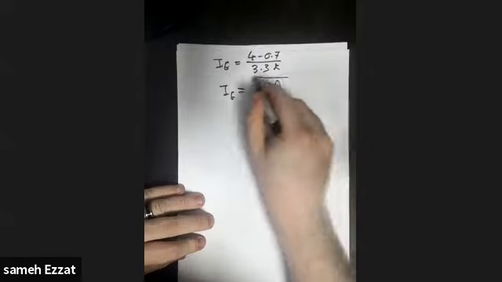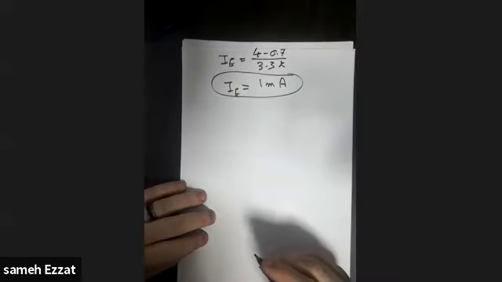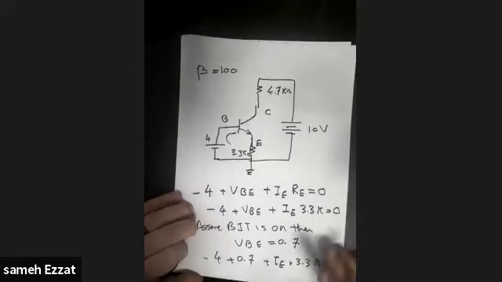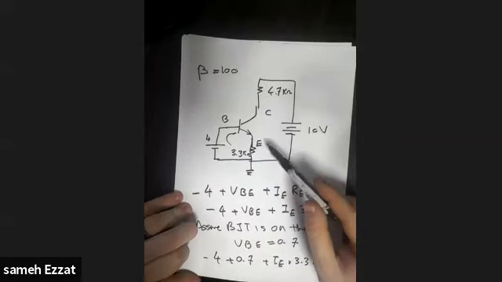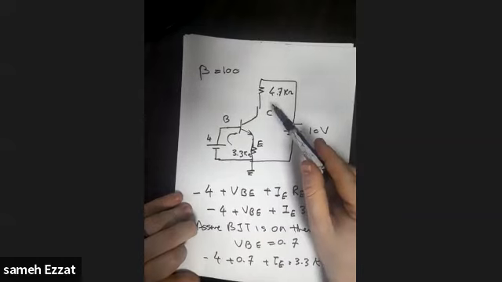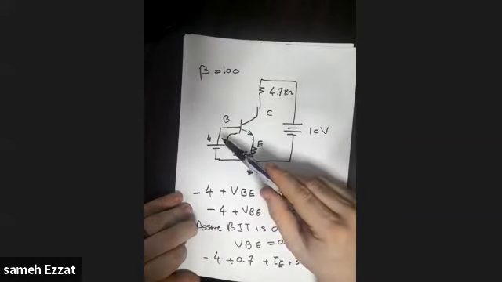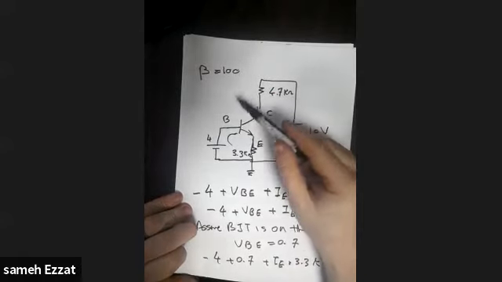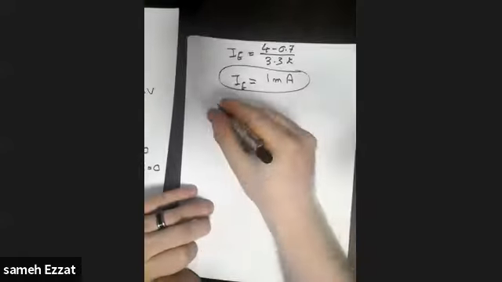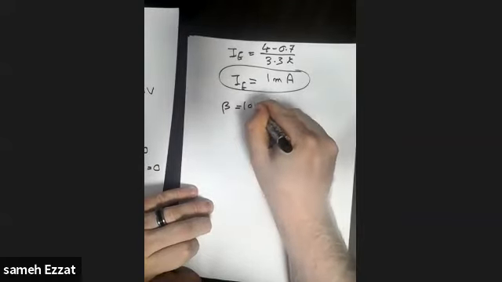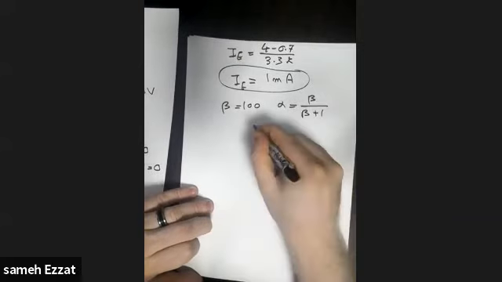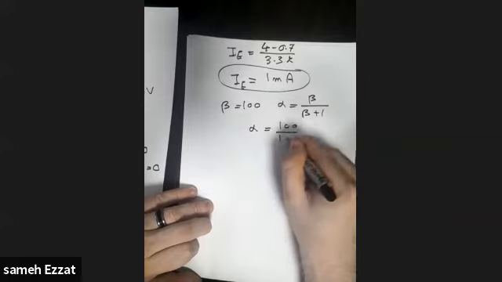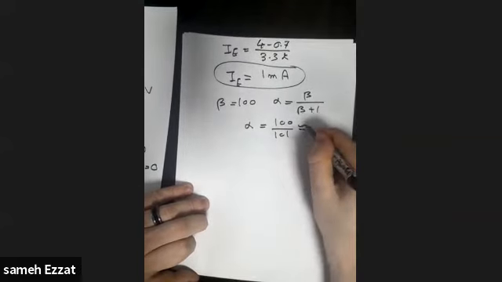This is the emitter current. Now you can also calculate the different types of currents. If you remember from the lecture, the relation between the emitter current and the collector current is alpha, and the relation between the collector current and the base current is beta, and alpha equals beta over beta plus 1. So with beta equal to 100, alpha equals beta over beta plus 1, which is 100 over 101, which is simply approximately equal to 1.